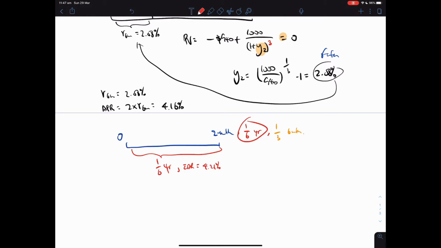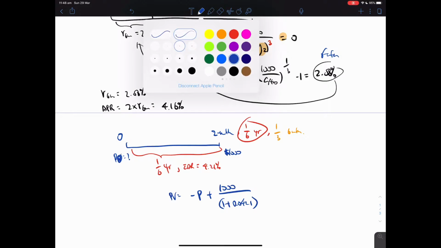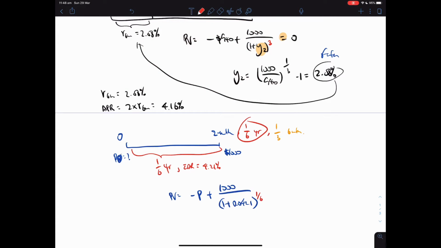So the question is asking for what is the price of this, and given that you know the face value is going to be 1,000, here what we have is that present value, sorry, that's the price, not present value, because you have to pay to get it, equals 1,000 divided by 1 plus 0.0421 to the power of what? Power of 1/6, right? Power of 1/6.